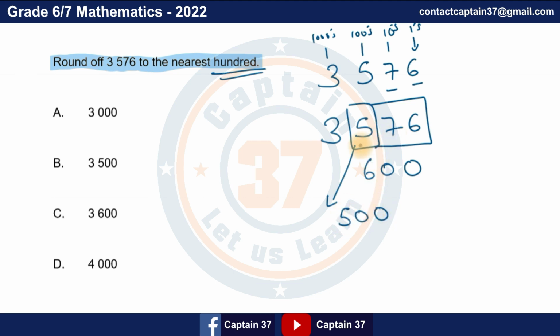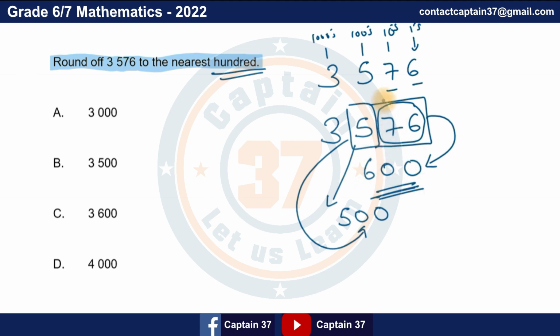Remember, it's 100, so it's either 500, 600, 700. But we have this 76 here. And when we take into consideration this 76, is this number going to be closer to 600 or it's going to be closer to 500? It is going to be closer to 600. So when we round off this to the nearest 100, it's going to be 600.